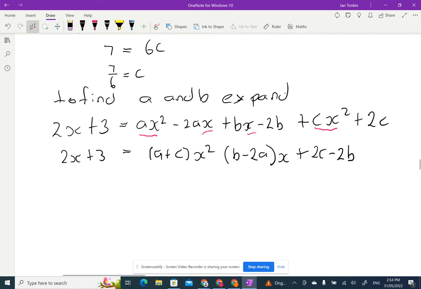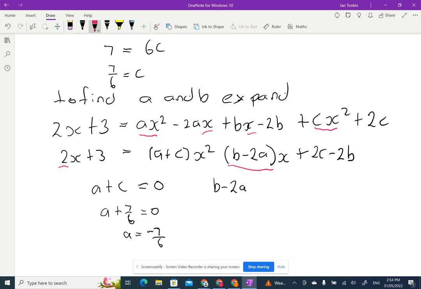And now I can equate the coefficients. Well, this is pretty easy. A plus c, there is no x squared on the left-hand side, so that equals 0. And we already know what c is, so we'll just sub that in. So a plus 7 on 6 equals 0. A equals minus 7 on 6. Now we'll do the next one. B minus 2a goes with the coefficient over here of the x.